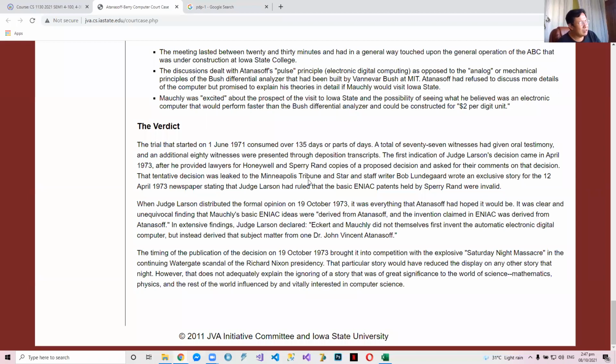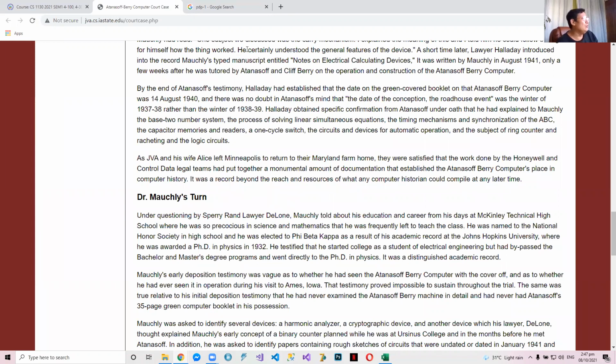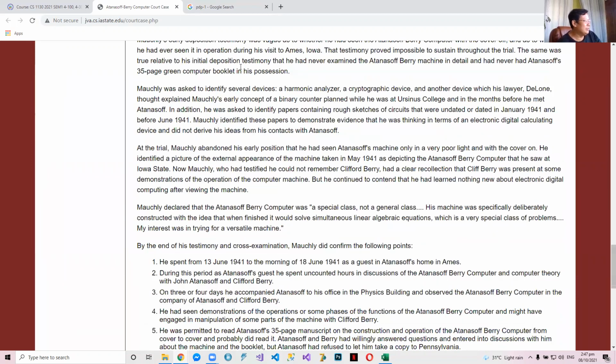John Vincent Atanasoff is considered to be the first inventor of the electronic machine in the US, because the first electronic digital computer was credited to Konrad Zuse. Do you follow? But in the US, the patent should have gone to John Vincent Atanasoff. So it was cancelled, no?